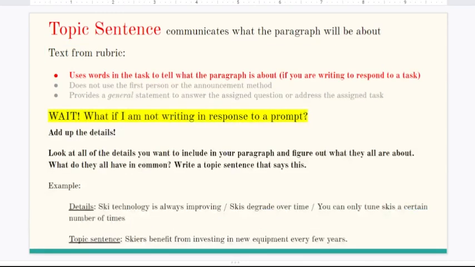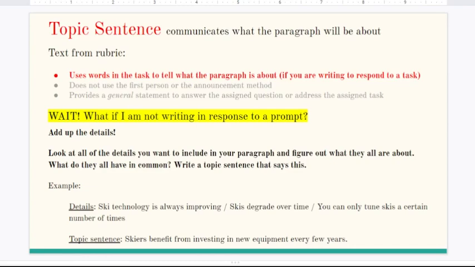Okay, so the last trick for this first bullet for using words in the task to tell what the paragraph is about is not at all about using words in the task to tell what the paragraph is about, because this slide says, wait, what if I'm not writing in response to a prompt? What if my teacher just said, okay, we just watched a movie, write a paragraph about it, but there's no specific prompt?